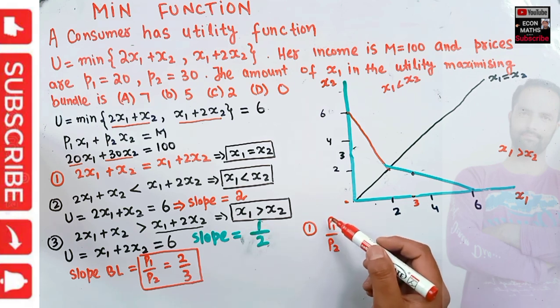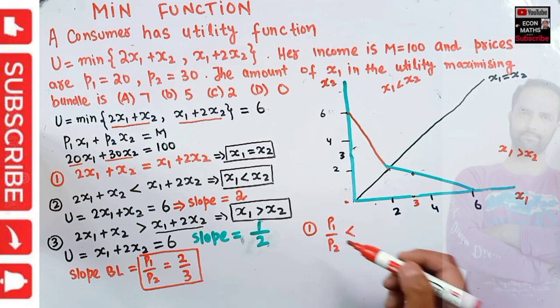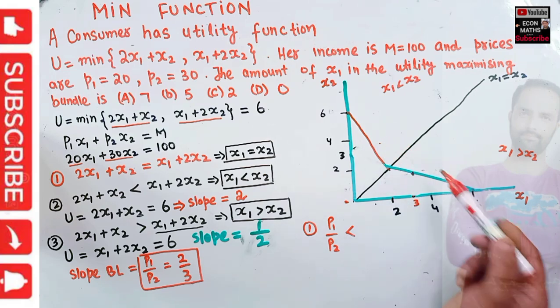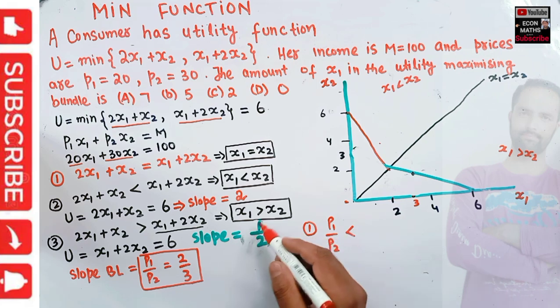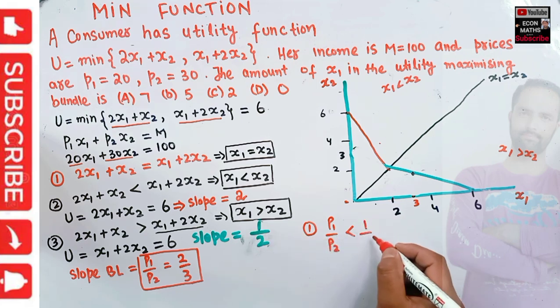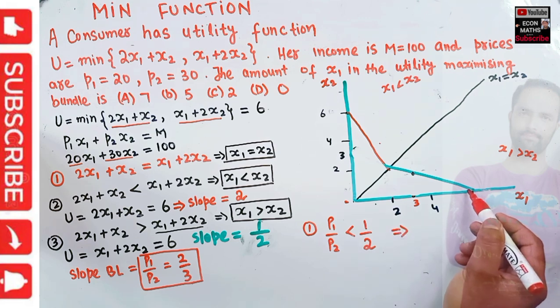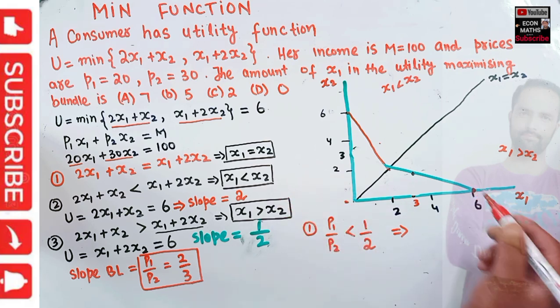When the slope of the budget line is small compared to other slopes, compared to this line and this line, that means when p1 upon p2 is less than 1 upon 2. If this is the case, then our budget line will be flattest and the consumer will consume at this point.